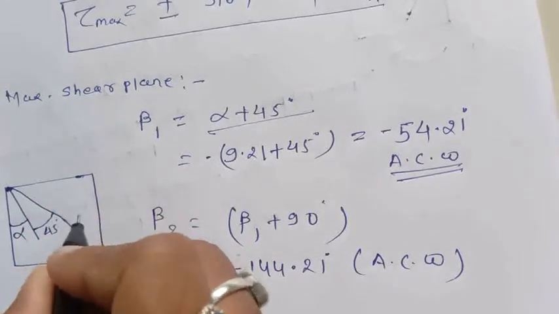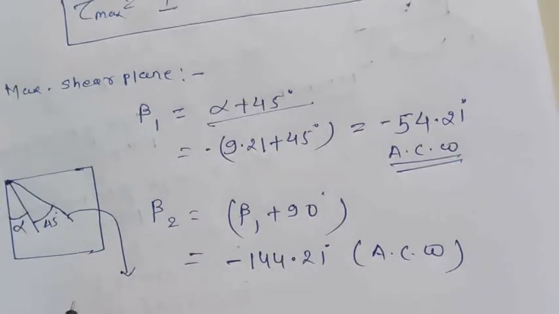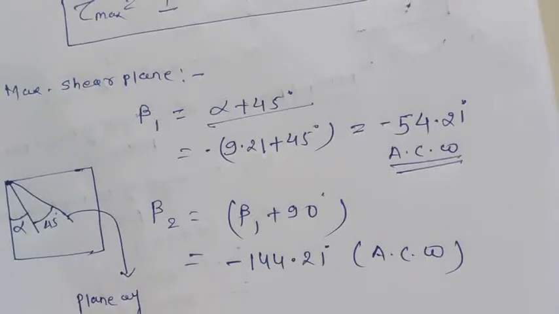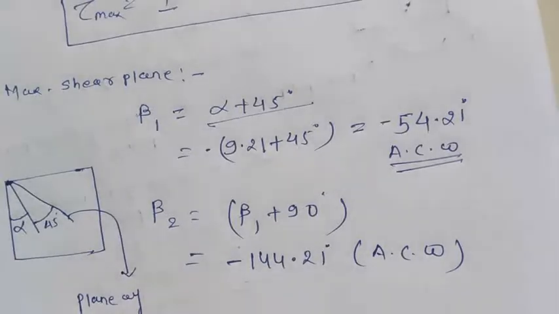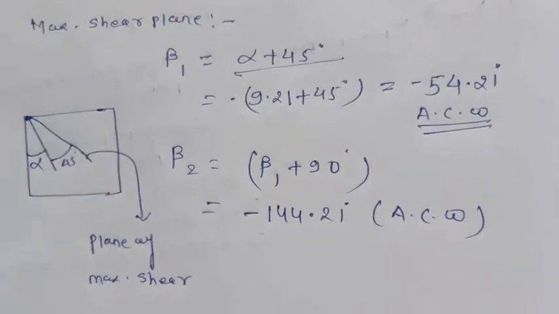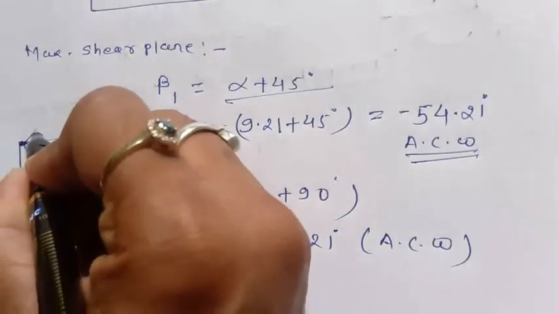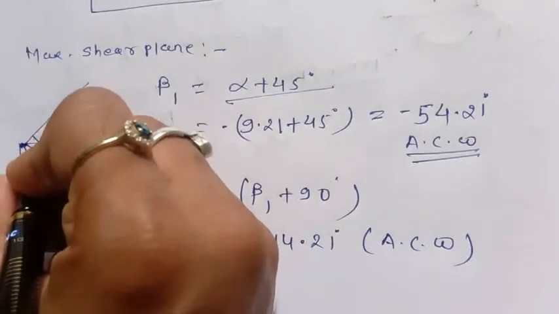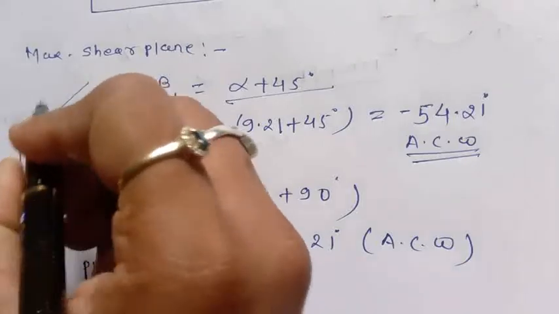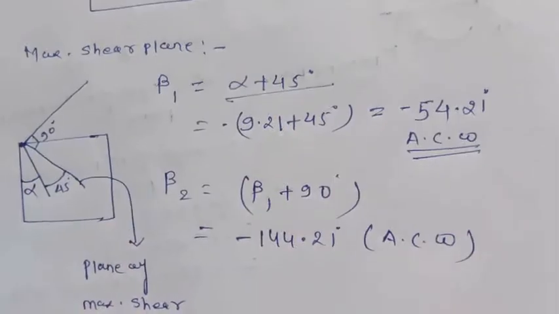This is called the plane of maximum shear, where maximum shear stress acts. So from here, if I draw 90 degrees from this, this is also called the plane of maximum shear where the maximum shear stress acts.